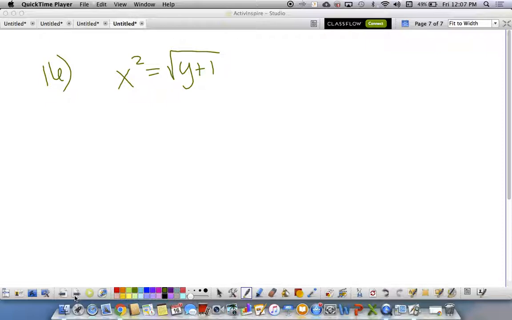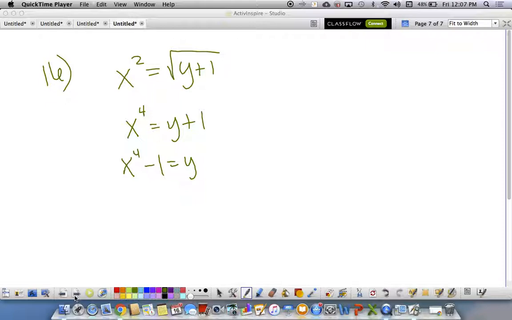So after you square both sides, what do you have? And what do you do? x to the fourth minus 1 equals y. Are we done? Could you do something with the left side? I mean, you can put x, x, x, x minus y, minus 1 equals y.